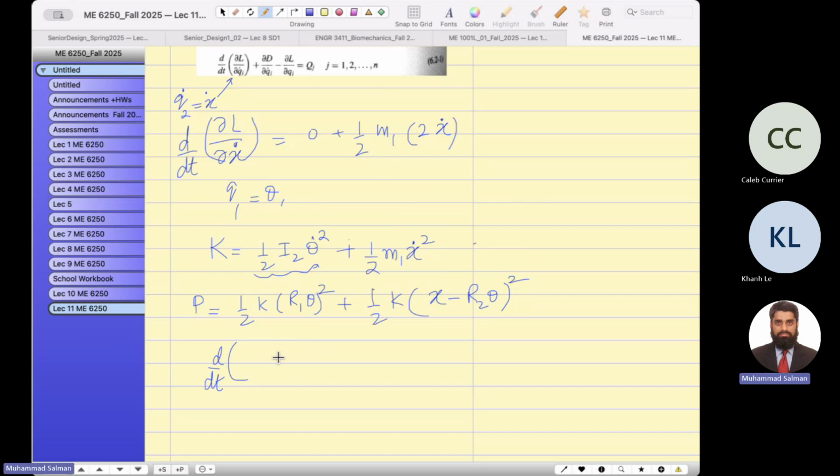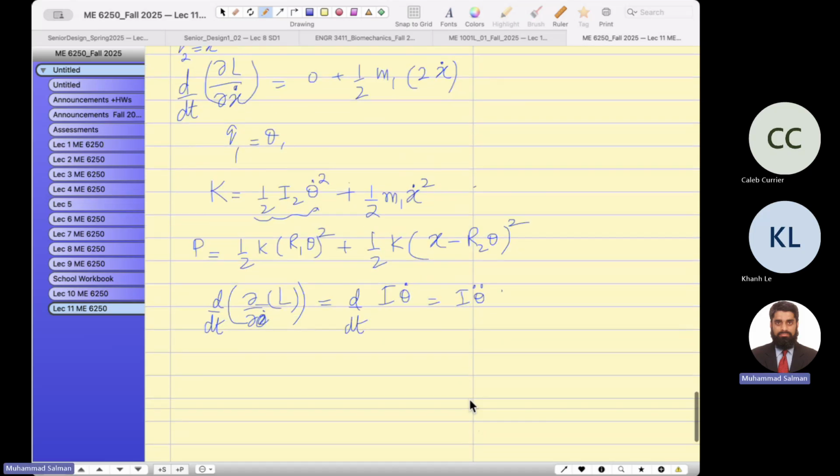What is that? So I would say partial by partial theta dot, which is I theta double dot.